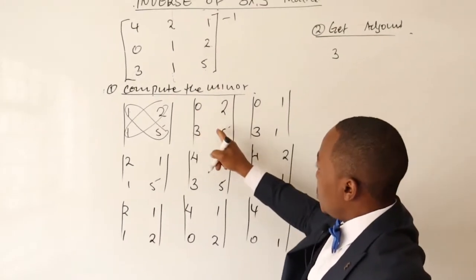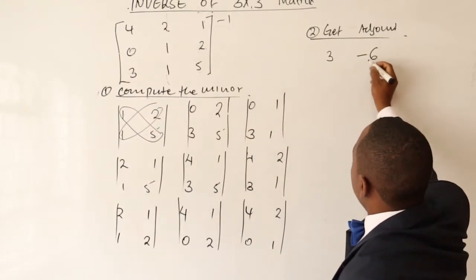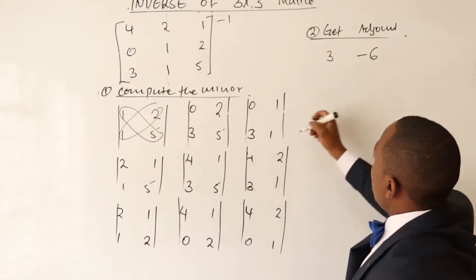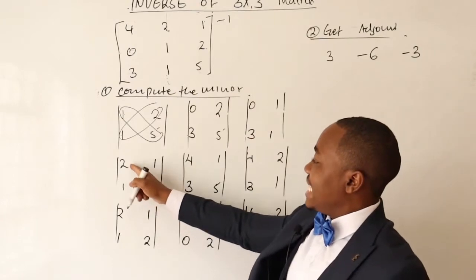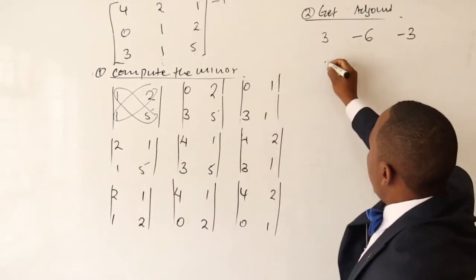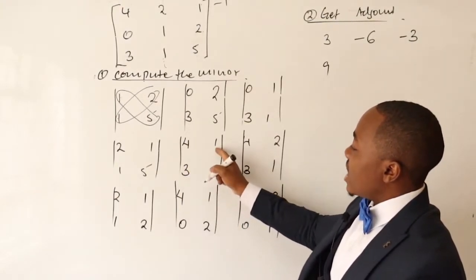Here we have 0 minus 6. It will be negative 6. 0 minus 3. You will have negative 3. Here we have 10 minus 1. You will have 9. 20 minus 3.